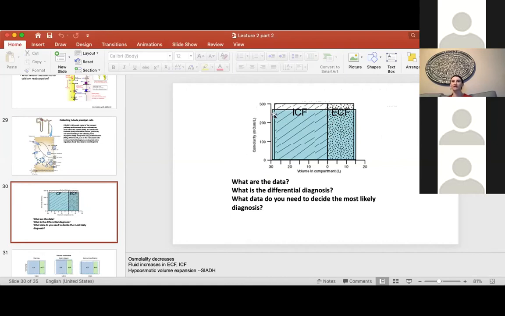So if we have increased ICF, in the cells, extracellular fluid is going to be in our vessels, outside our cells, in our blood. If they're both increased, our osmolality is increased, but our volume of both are decreased, what is going to happen to our osmolality?